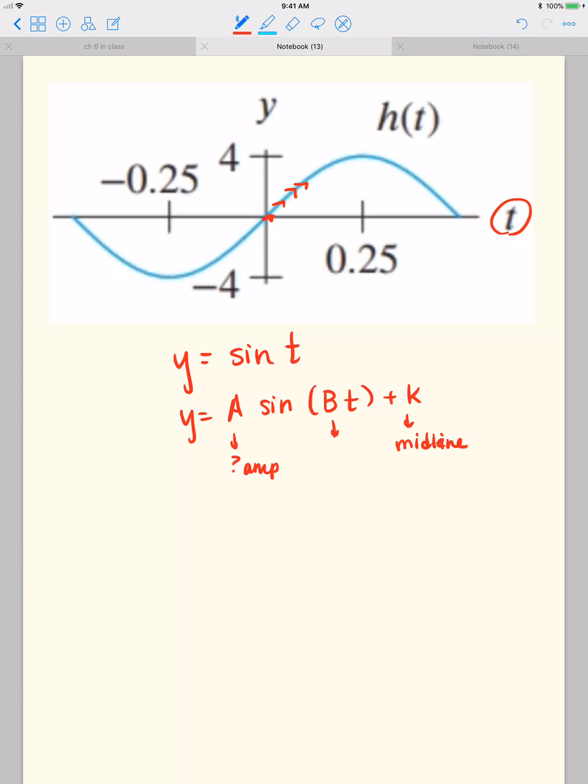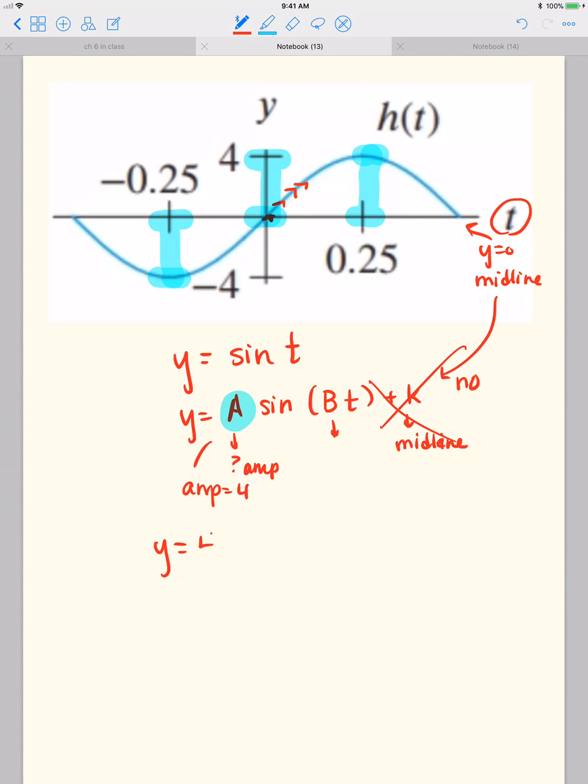Okay, so for this one, the midline remains at y equals 0, so there is no vertical shift up or down here. The amplitude, again, runs from midline to a peak, so either 0 to 4 or 0 down to -4. So our amplitude value is going to be 4.